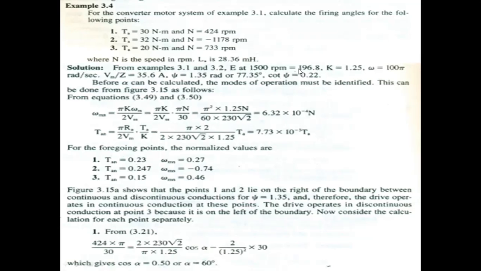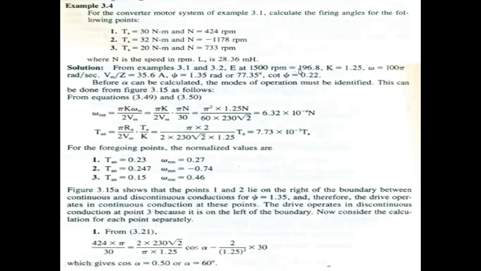These are previously obtained values. Now we have to calculate the alpha value. Before calculating the alpha value, we first have to identify which mode the rectifier is operating in.